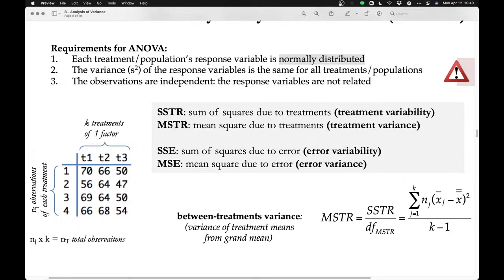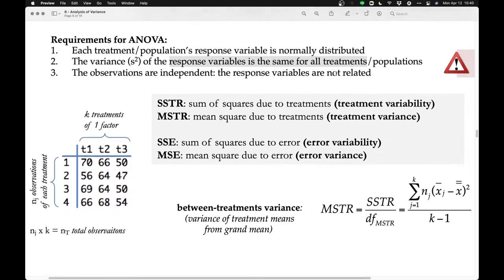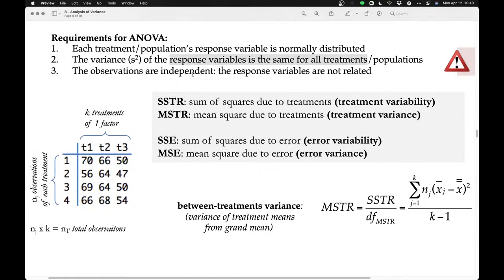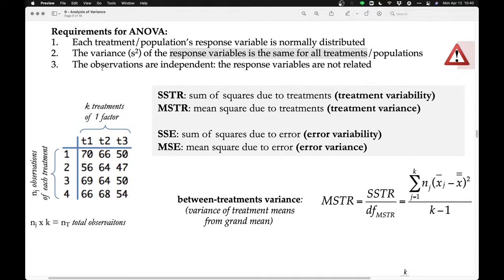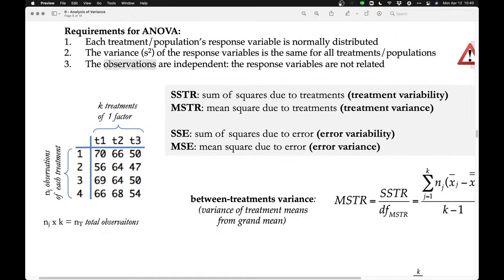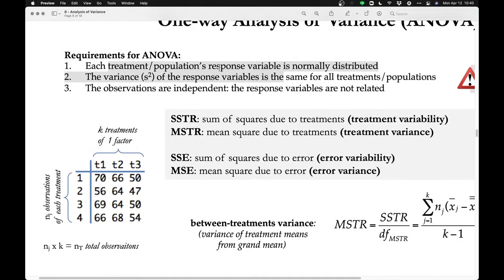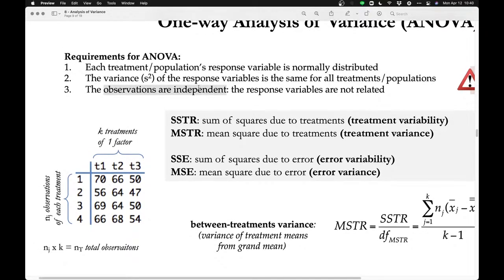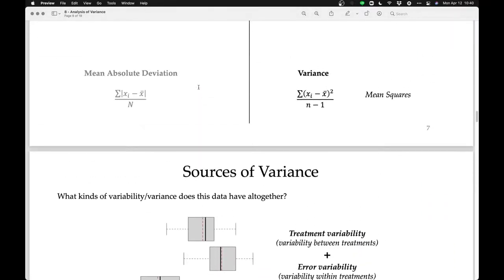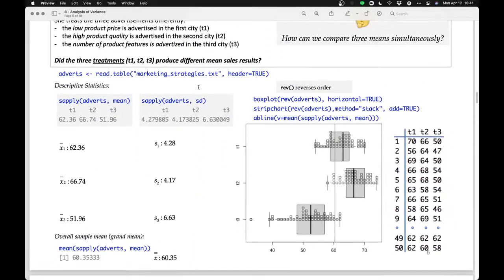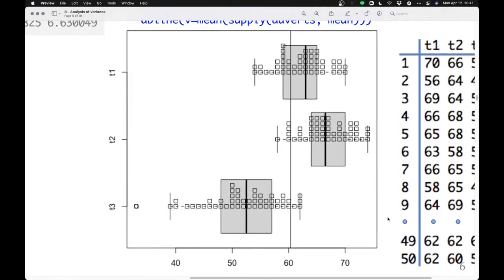The other is that the variance of the three treatments is the same for all the treatments. They should not have completely different variances. There are ways to make this more robust, but these are the basic assumptions of ANOVA. And that the response variables are not related. We may be talking about these two a little bit later, but this point that the observations are independent basically means that we want to ensure that these three advertising strategies didn't affect each other.